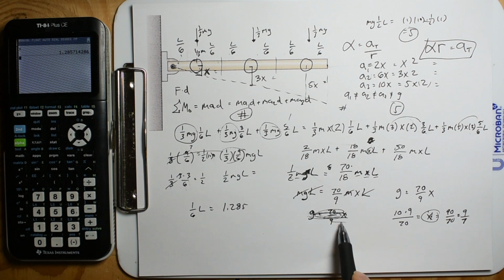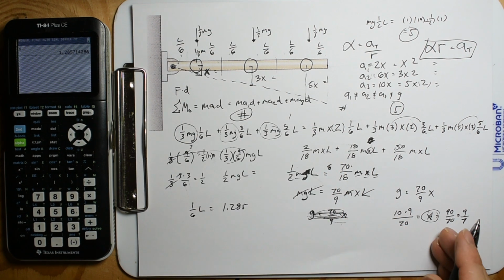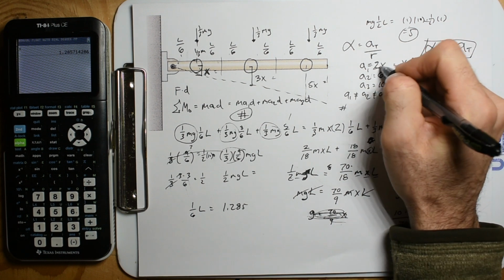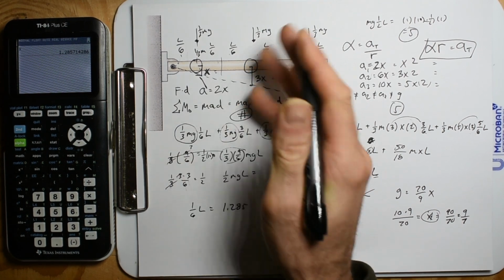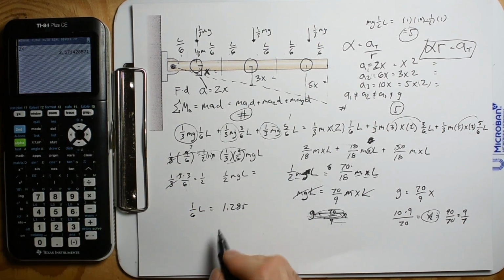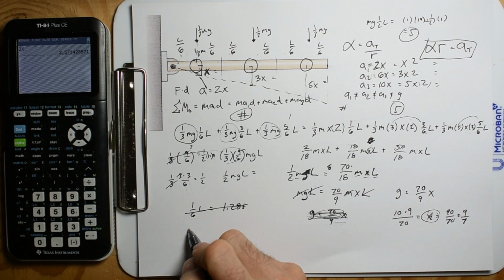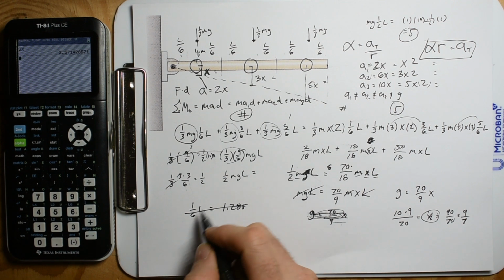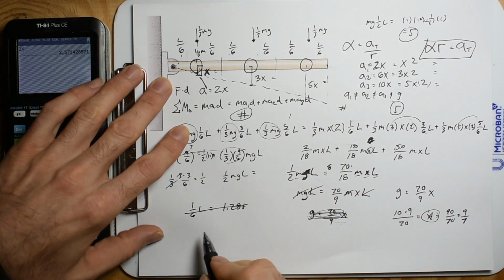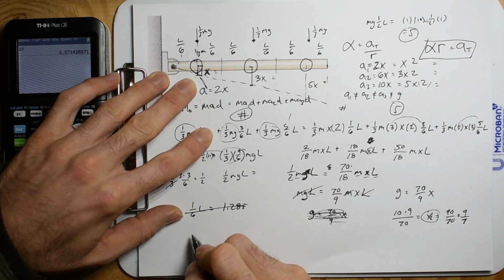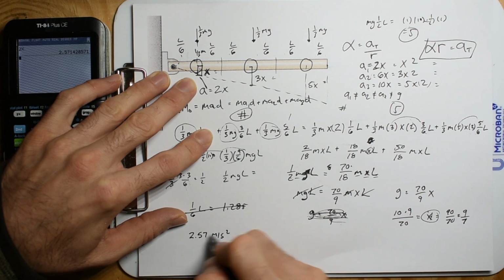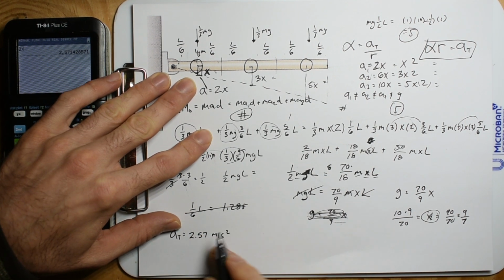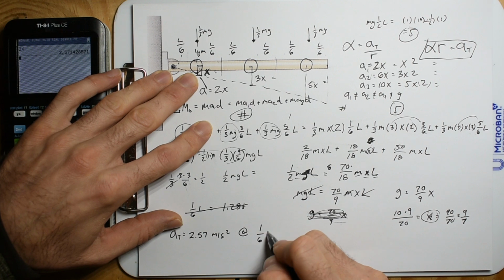So we solved for x, and we know that our acceleration at this point is 2x. So our acceleration is 2.57 meters per second squared. This is our tangential acceleration at a distance of 1/6 L.